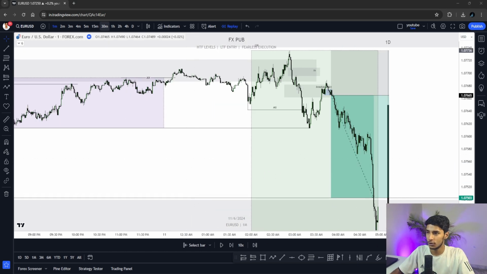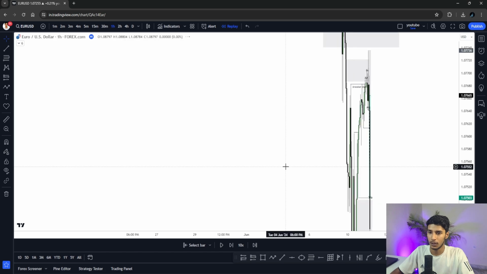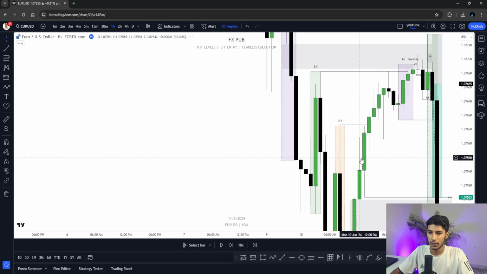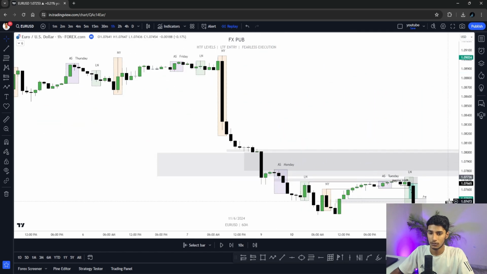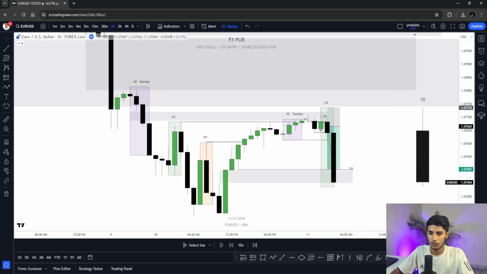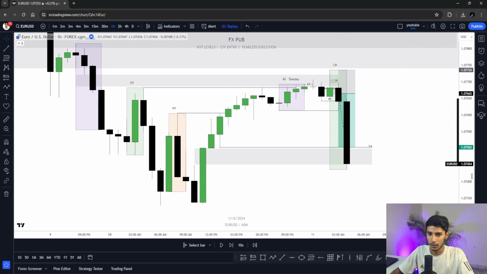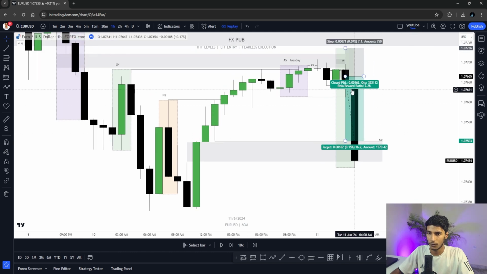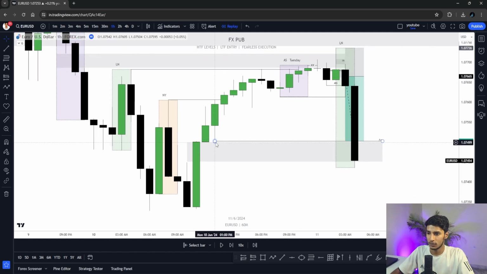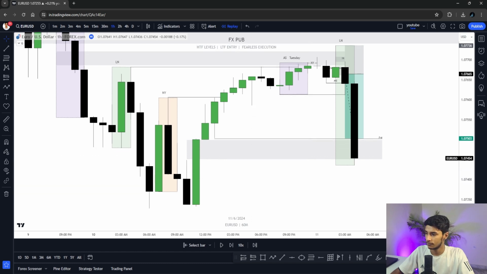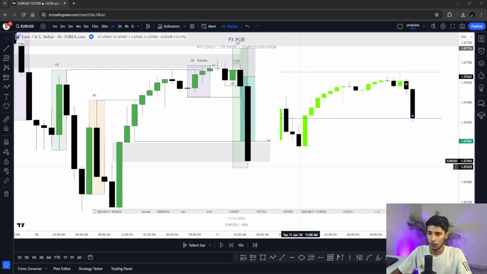So if I show you this trade on the 1 hour time frame, it looks something like this. So the entry was almost here. I will also show you the proof, and targeted this low with this fair value gap. So if you can see, my entry was here.